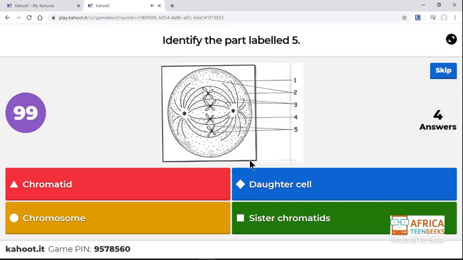I gave you guys a lot of time so that those who are not using Kahoot may be able to use the chat section or chat box to answer with us, or to participate. That is why I put in a lot of time.